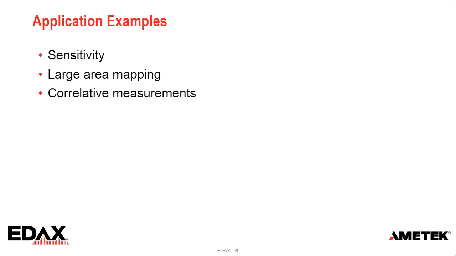Because EDS has much better spatial resolution than micro-XRF, I'm not going to discuss mapping on small features. Lastly, I'm going to show you an example of correlative analysis using both EDS and Micro-XRF.